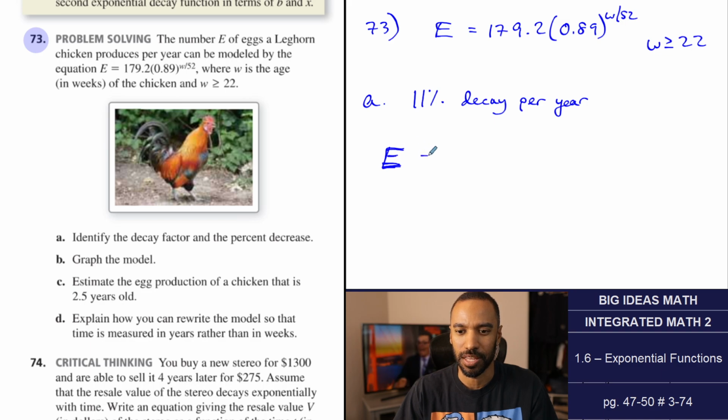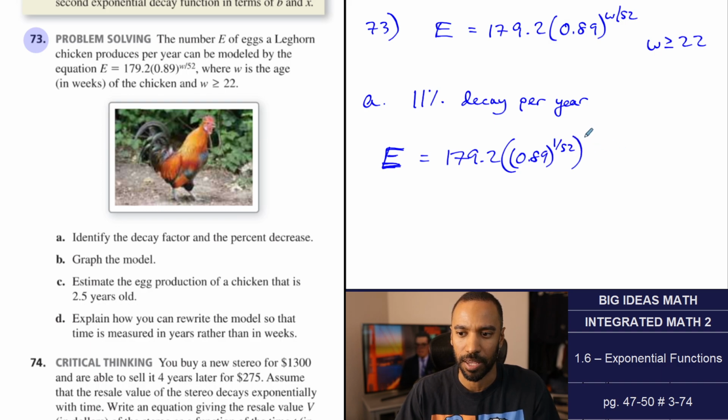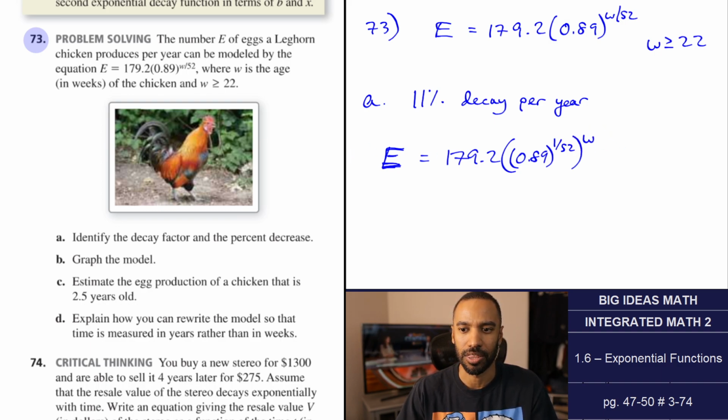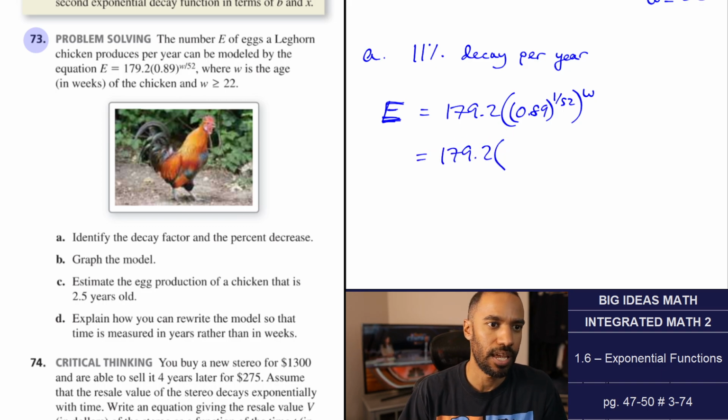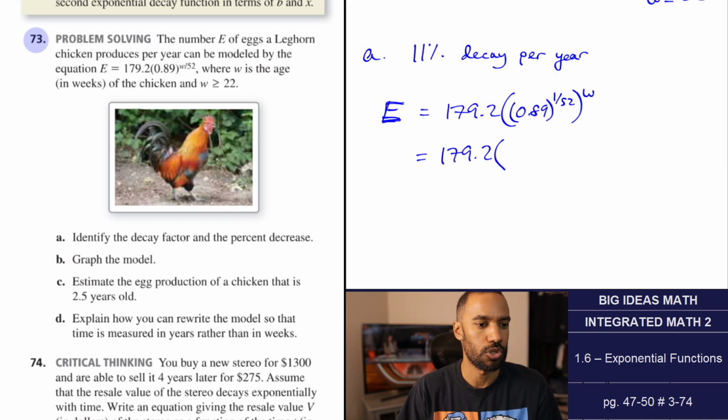Given that this whole section has been doing a bunch of these, and this is the second to last problem, they probably want to make it more challenging, so it's probably like this: 179.2 times 0.89 to the 1 over 52 power.